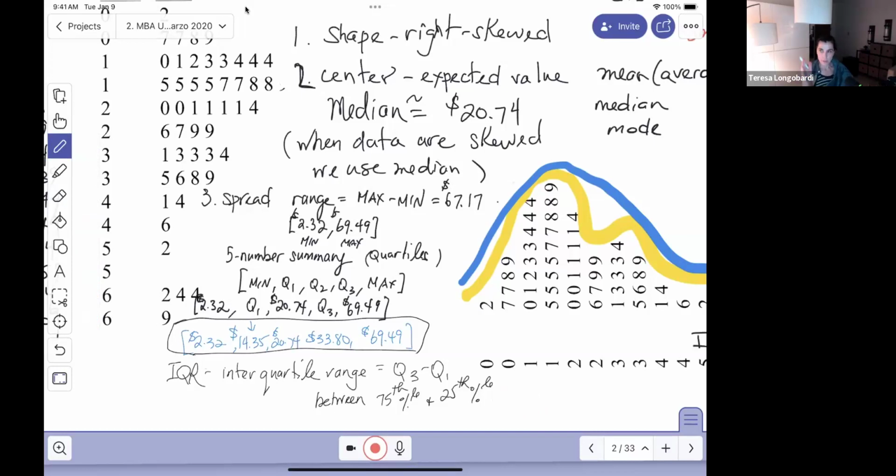So if you have a position where 25% are below, and then you have a position where 75% are below, how much is in between them? 75 minus 25 is how much? We find 50% of the data. I mean, not a majority, but half the data.